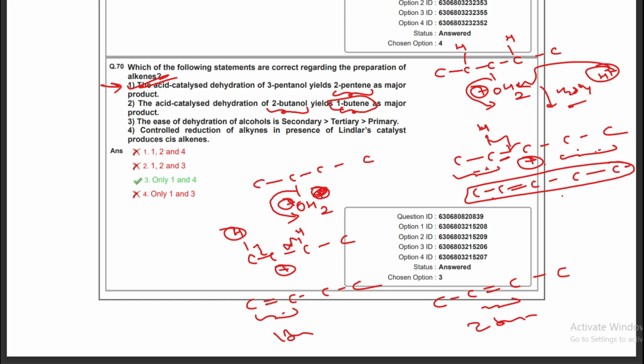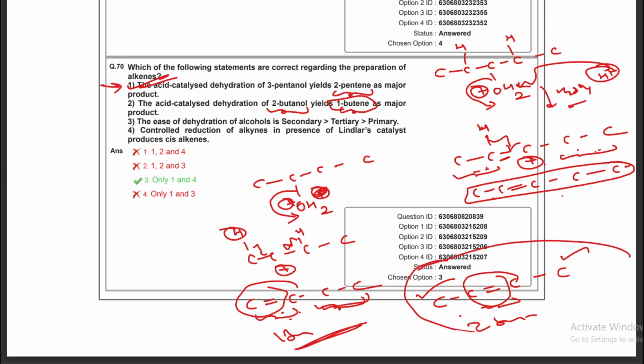So in case of 1-butene and 2-butene, this alkene is more substituted as compared to this alkene. Clear? This one is only singly substituted with an alkyl group. So obviously 1-butene should not be the major product, 2-butene should be the major product. So the second statement is incorrect.